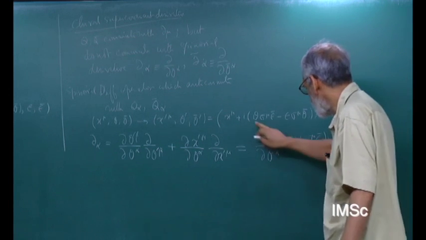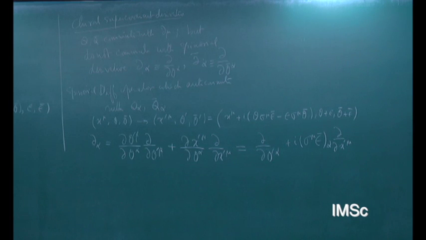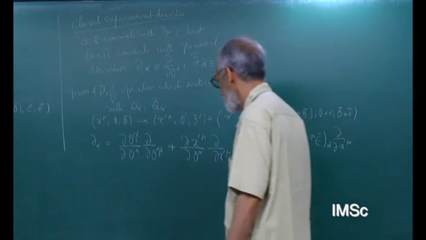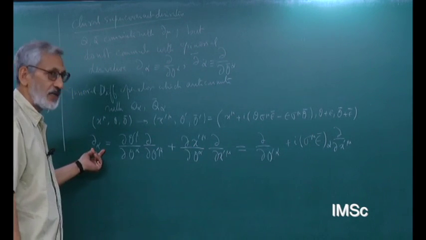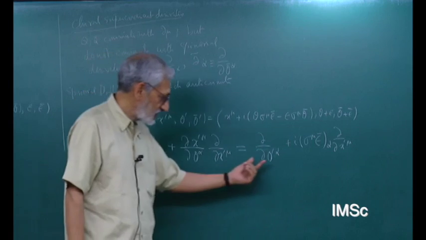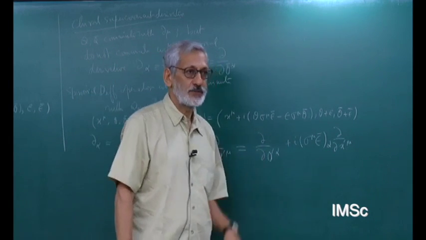Why did I put minus here? There was plus here. Is that okay? So d alpha in the unprimed coordinates is d alpha in the prime coordinates plus this extra piece.